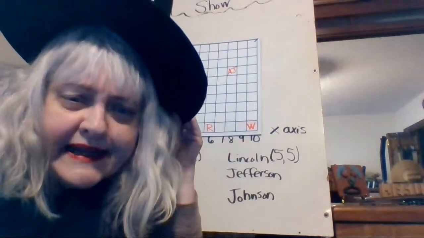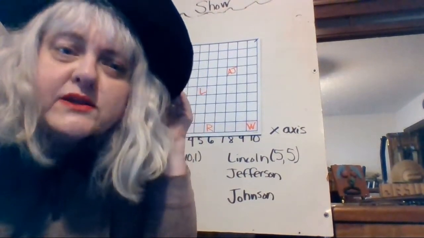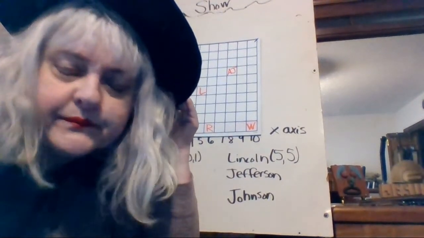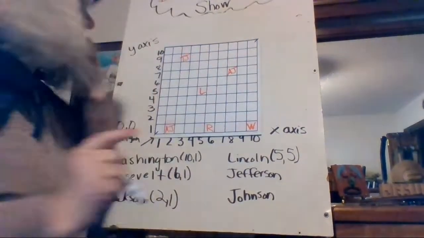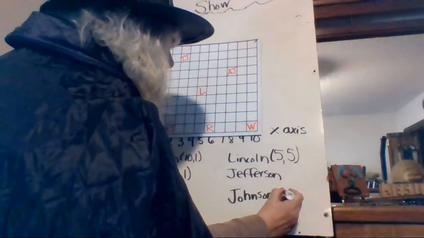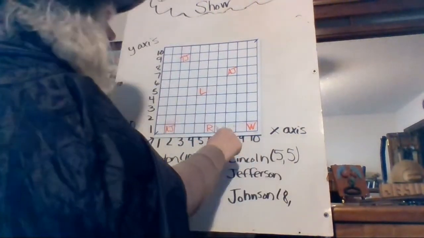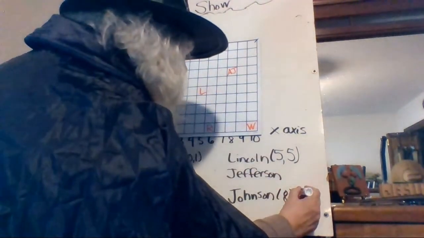I'm moving on to Andrew Johnson. I'm going to find those children so that I can teach them. Yes, I'm going to teach them. I'm going to go over 8 for Johnson. And I'm going to go up 7.